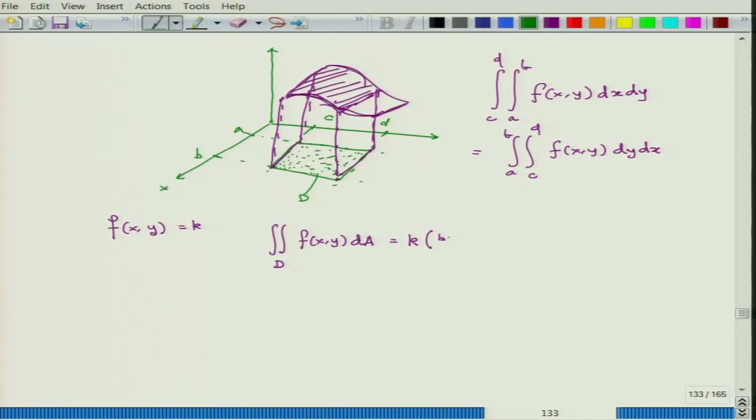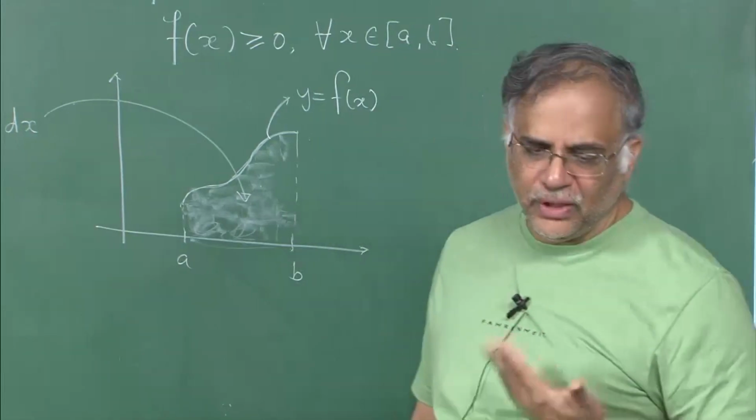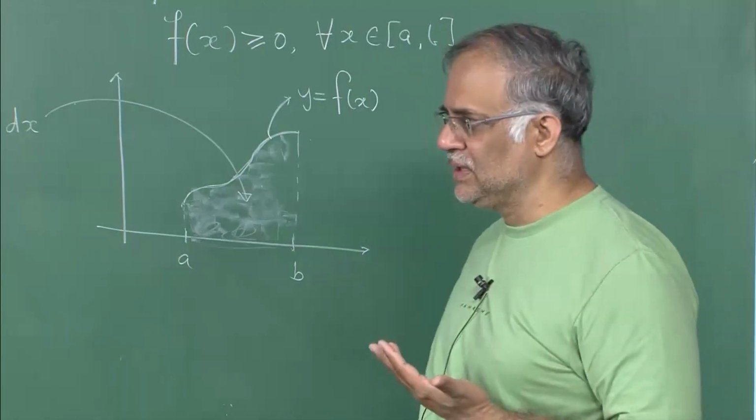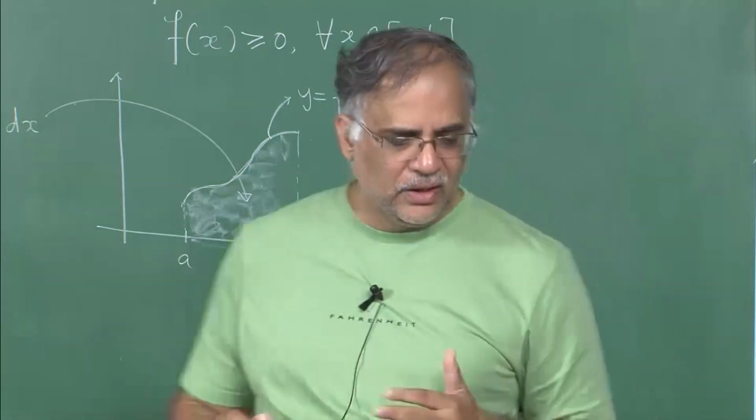So, it becomes k times (b minus a) into (d minus c). So, there are certain cases where you can immediately figure out what would be the volume, but it is not true for every possible case, that's really not possible.